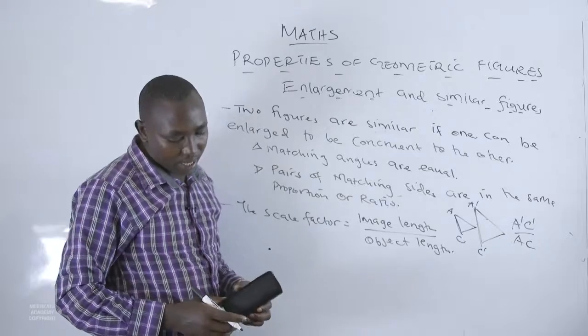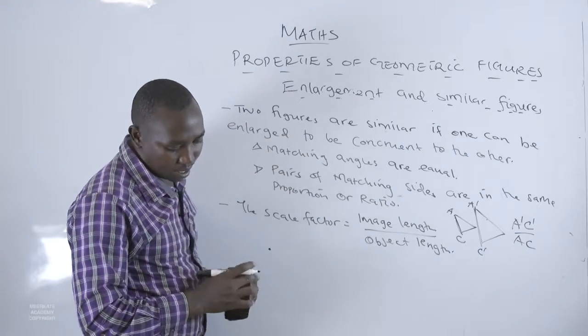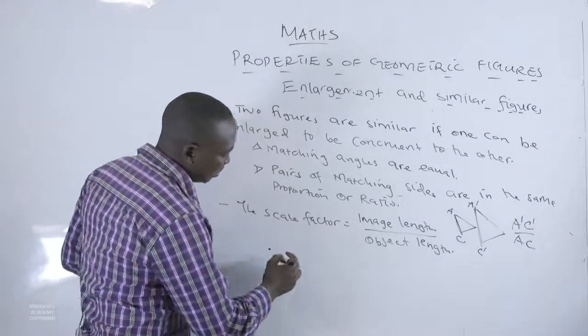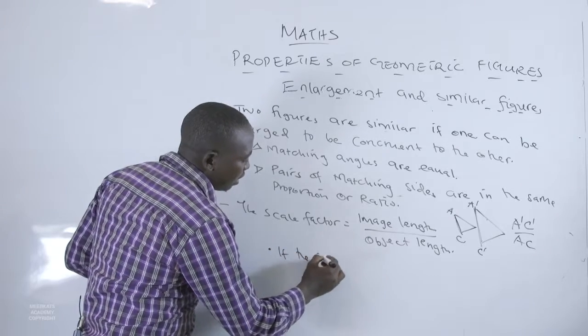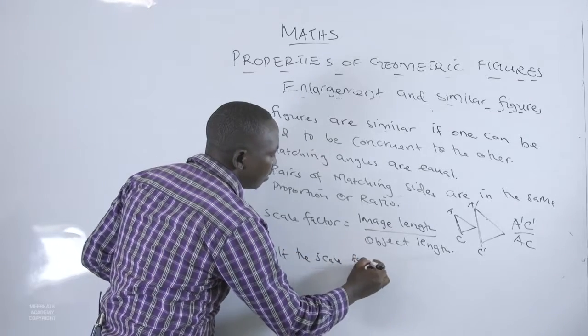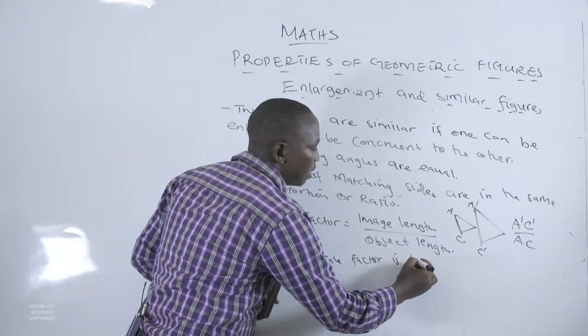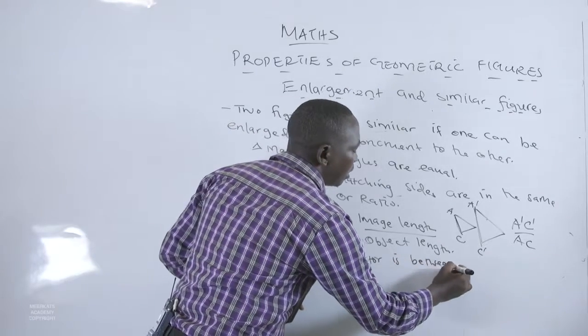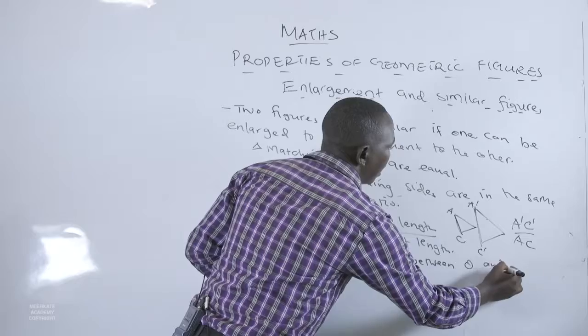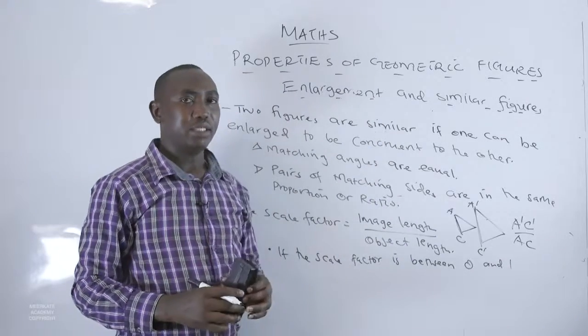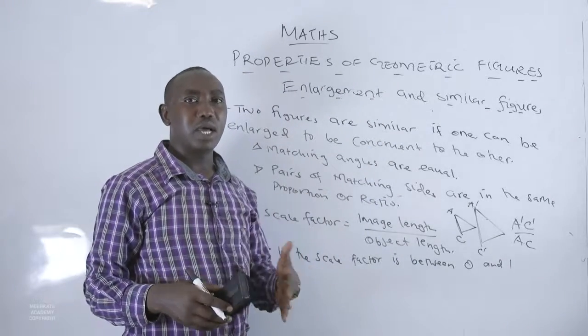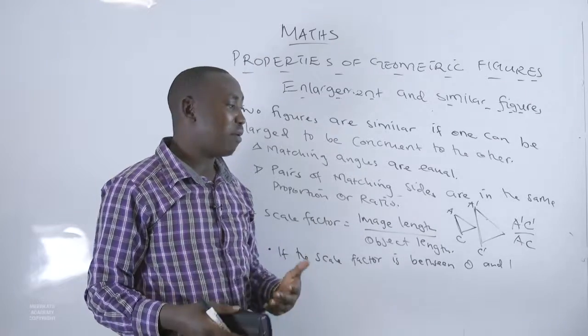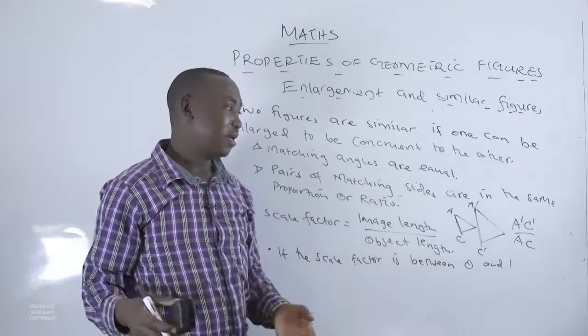One is if the scale factor is between 0 and 1. That is, we have maybe 0.1, 0.2, 0.3, up to 0.99999.